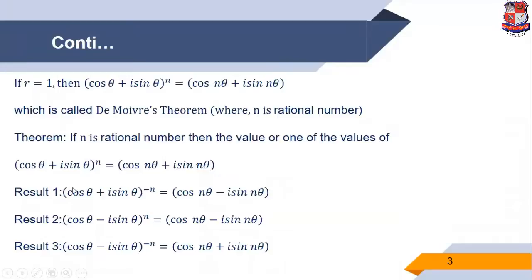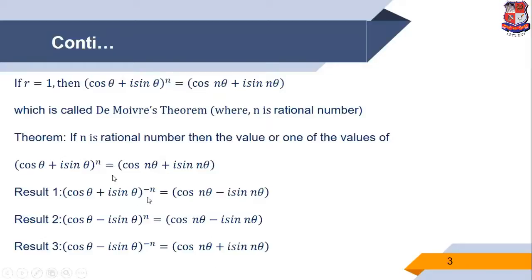Result 1: cos theta plus i sin theta raised to minus n, where we replace n with minus n, then we write cos n theta minus i sin n theta. Similarly, cos theta minus i sin theta raised to n gives cos n theta minus i sin n theta.